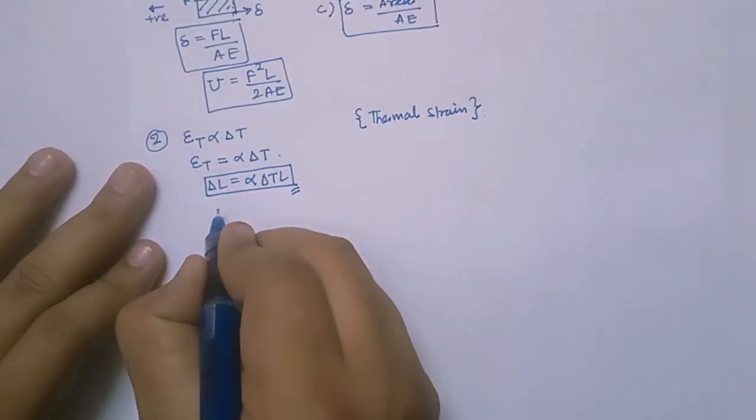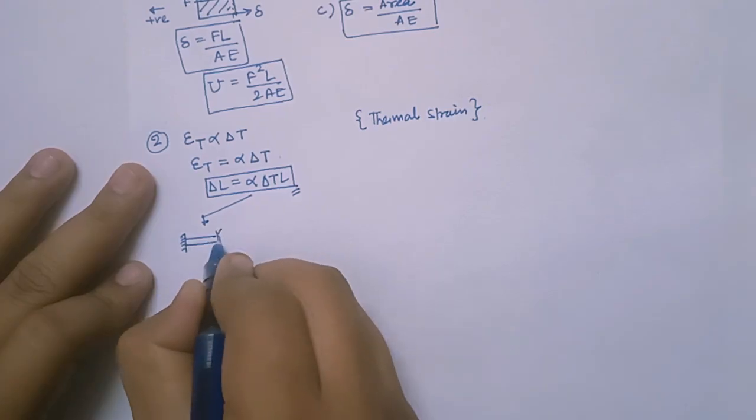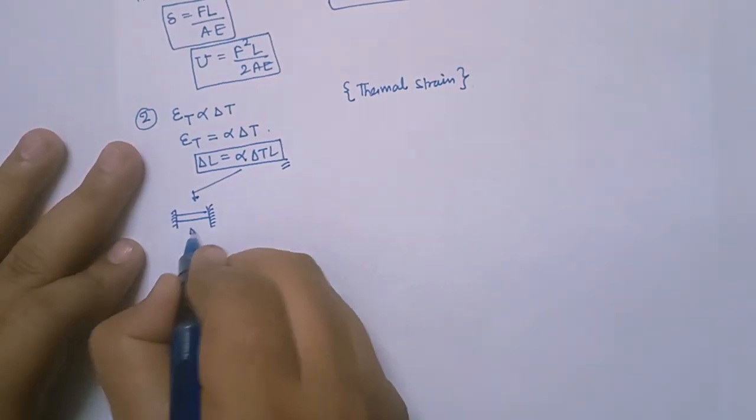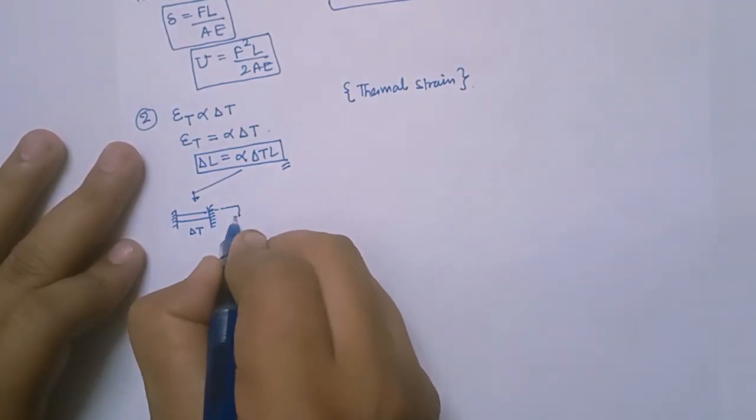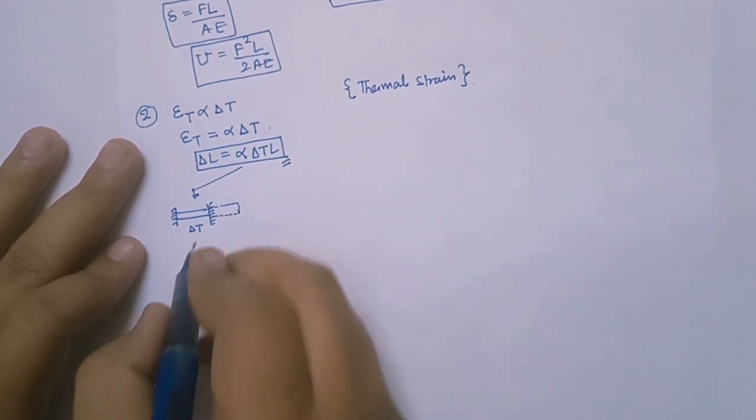Now here we are getting some cases. Like the first case, if the rod is fixed at both the ends, and if I increase the temperature, what happens? The rod wants to expand this much, but it will not, due to the support, right?